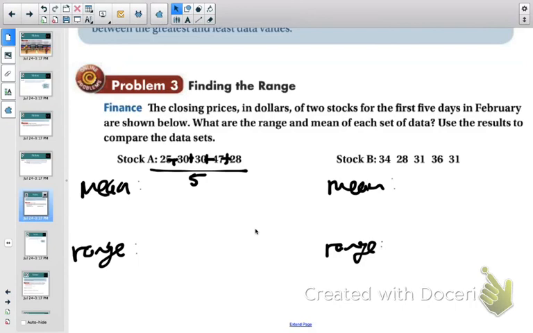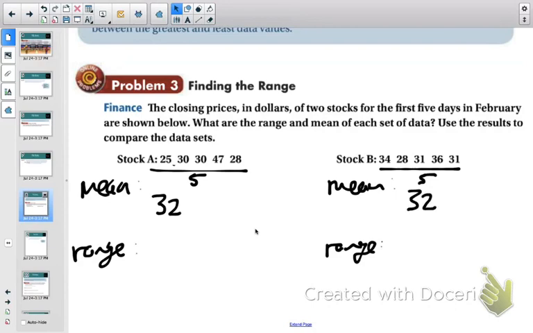Your mean is 32 here. Let me erase this so we can see. If we add all of these ones up and divide by 5, we get 34 plus 28 plus 31 plus 36 plus 31 divided by 5, and it's the same thing. They're both 32.